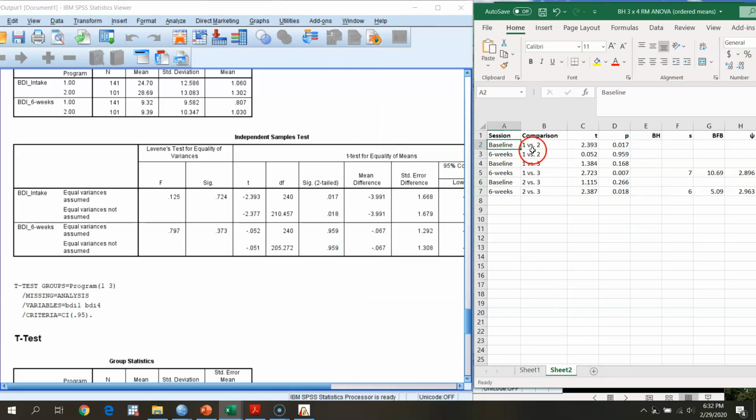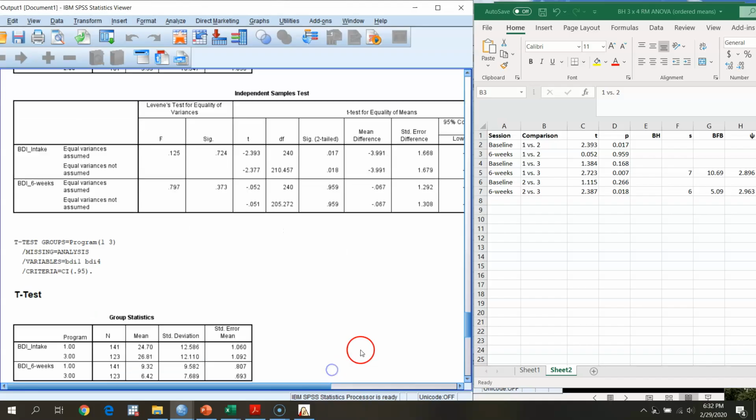I've got my baseline 1 versus 2, 6 weeks 1 versus 2, entering my test statistic and p-value for this first contrast, right?